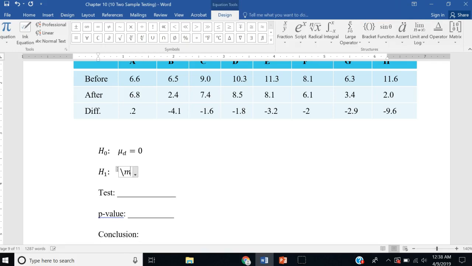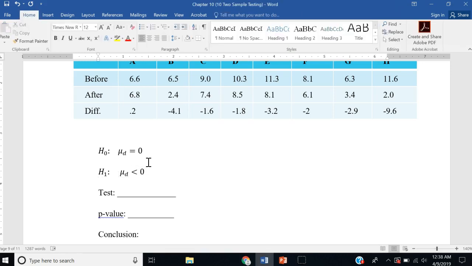Is the average of the differences a decrease, which would mean less than 0. Okay, so again, everything lower is always less than 0, greater than is always greater than 0, the way I do it. The test we're going to utilize is, again, a t-test. That is just a one sample t-test.